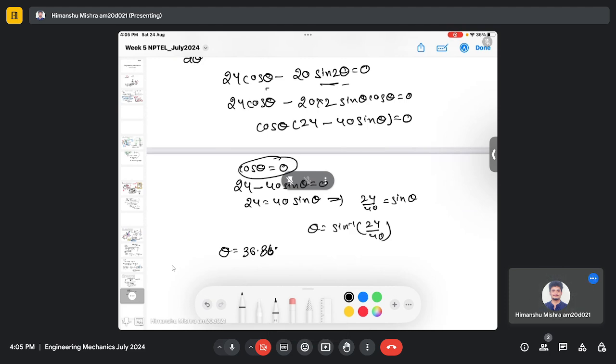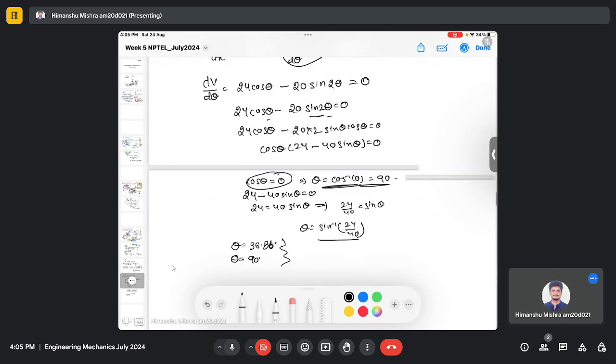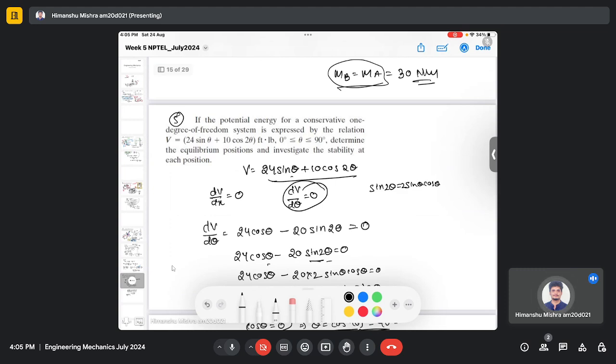And from the other equation we have theta equals cos inverse 0, which is 90 degrees. So these are the two equilibrium positions we get, where the system remains in equilibrium: when theta is 36.86 or 90 degrees.